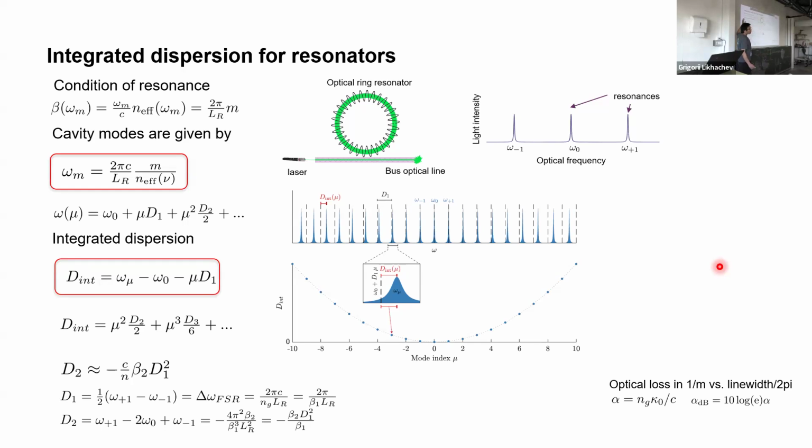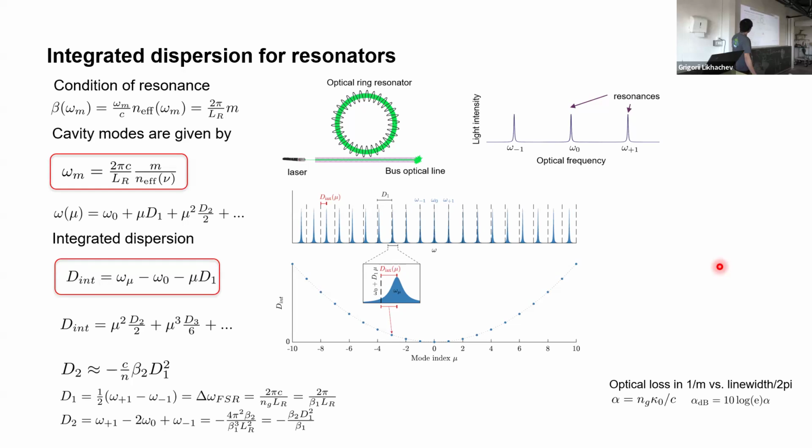And then for each integer m, you can write down where you actually have the resonance. This omega m is like this: basically, the round trip phase is 2 pi times m.